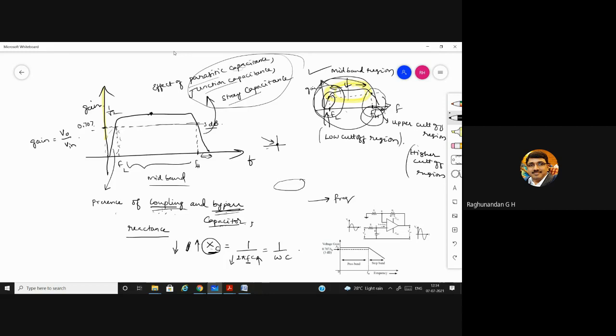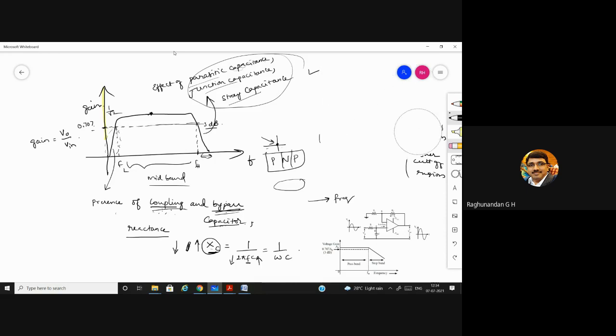Then junction capacitance. As you know, the basic building block of the op amp is a transistor. The transistor's basic building block is what? PNP or NPN. May I know where actually this junction capacitance comes into the picture?